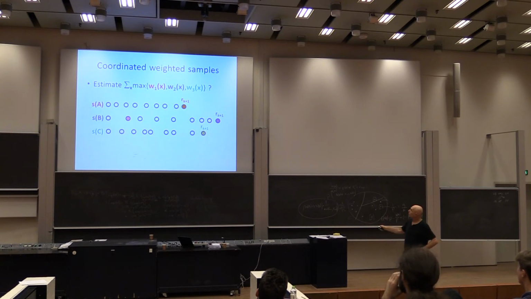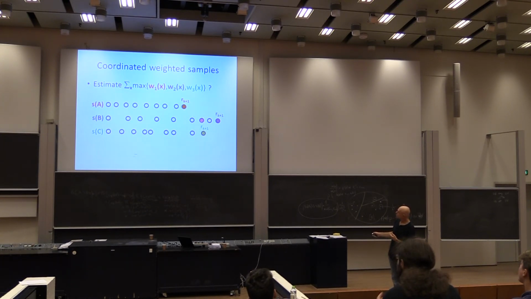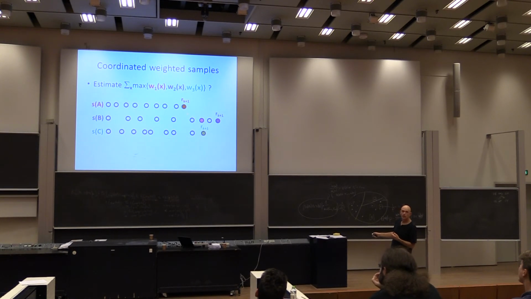So in fact, this item is harder to use because I see W2, and I'm not sure that W2 is the maximum, right? It could be that W1 is larger, but I still don't see the item in the sample here because it was not large enough to drive the rank below the red r_k.